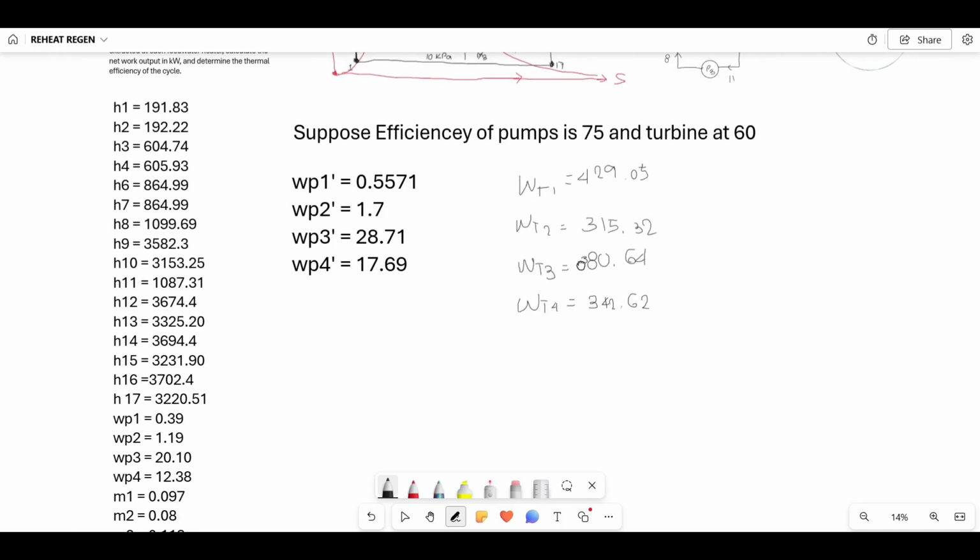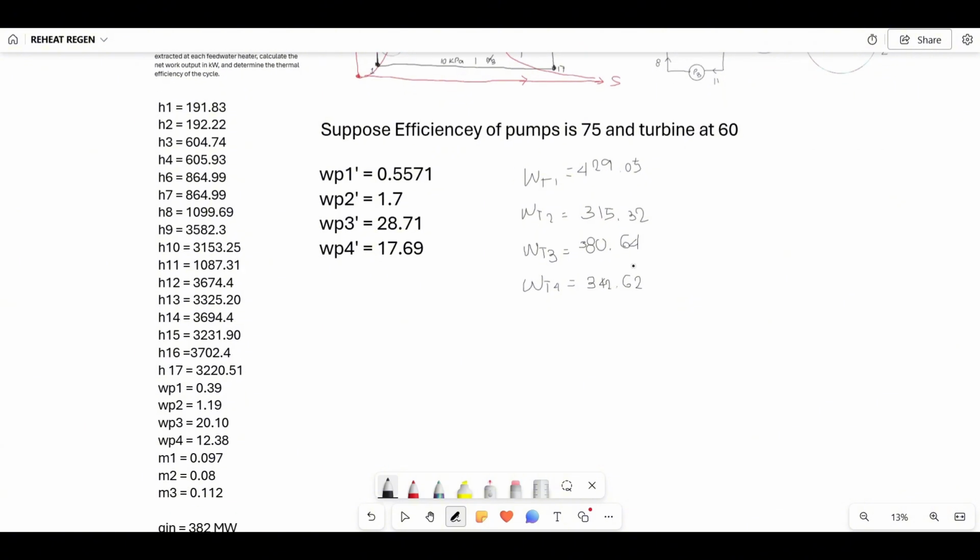So here are our works in total. Now we need to find the total work of the turbine, so we add all of these: 429.05 plus 315.32 plus 380.64 plus 342.62.